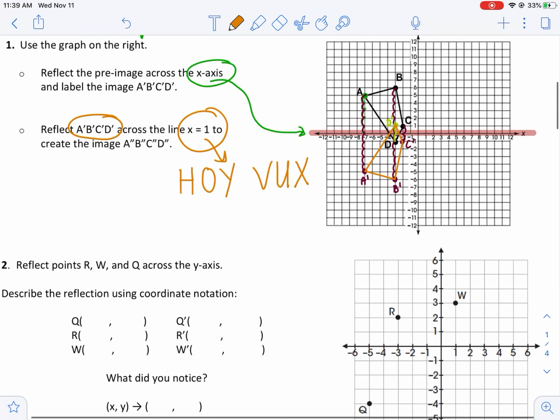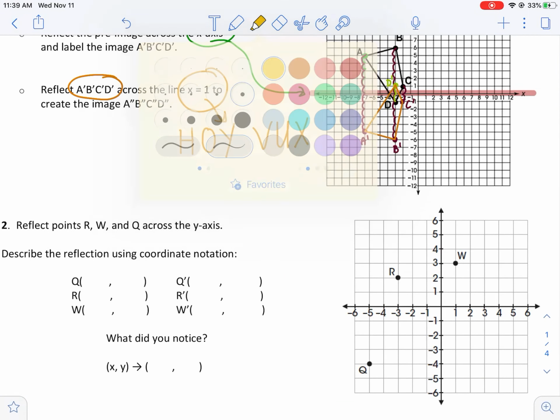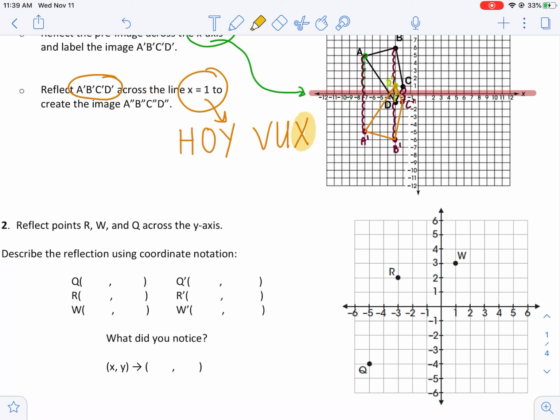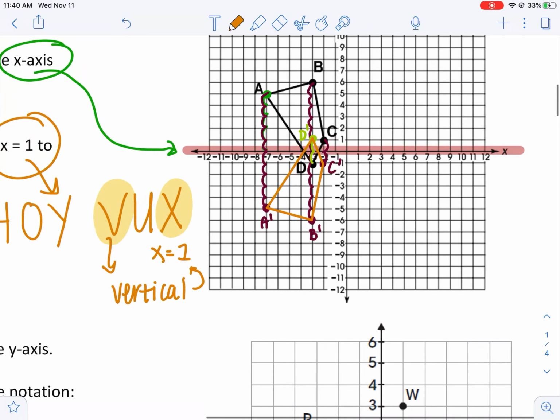What this tells us is if I just have a line of x equals something, x equals 2, x equals -2, x equals 0, in our case x equals 1, that gives me a very big clue that my line is going to be vertical. And it's going to be vertical at the point 1 on the x-axis.